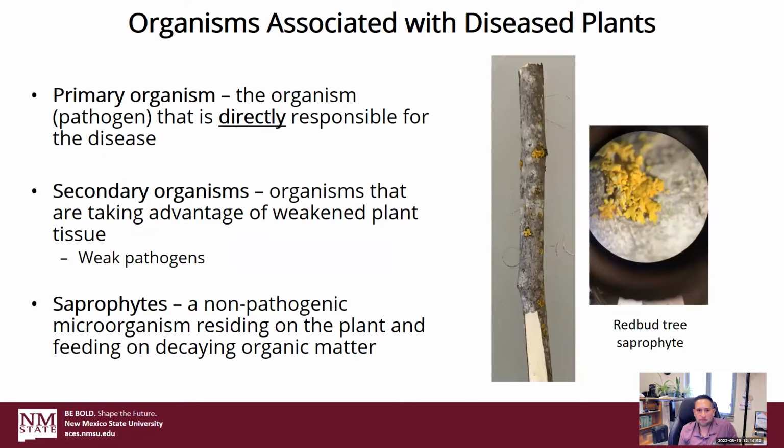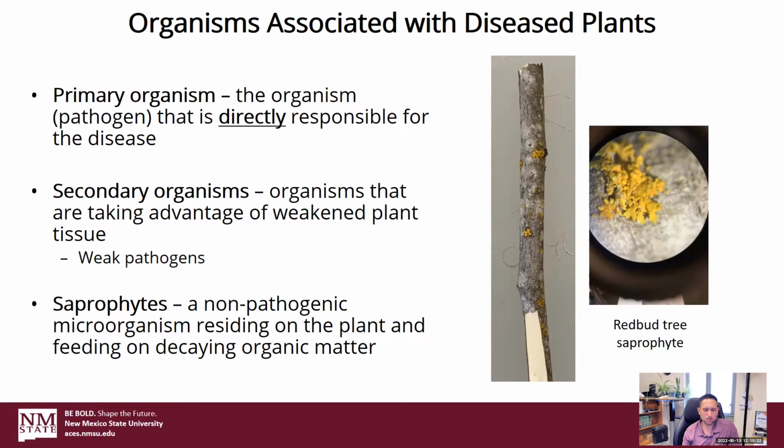Now, to make our life more complicated, there are organisms associated with diseased plants. First is the primary organism. That's the organism or pathogen that is actually directly responsible for the disease. After that happens, you get your secondary organisms moving in, taking advantage of that weakened plant or tree, of that tissue.